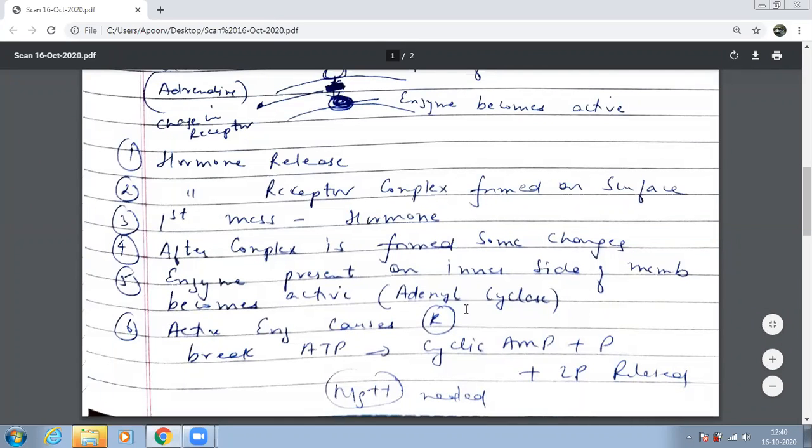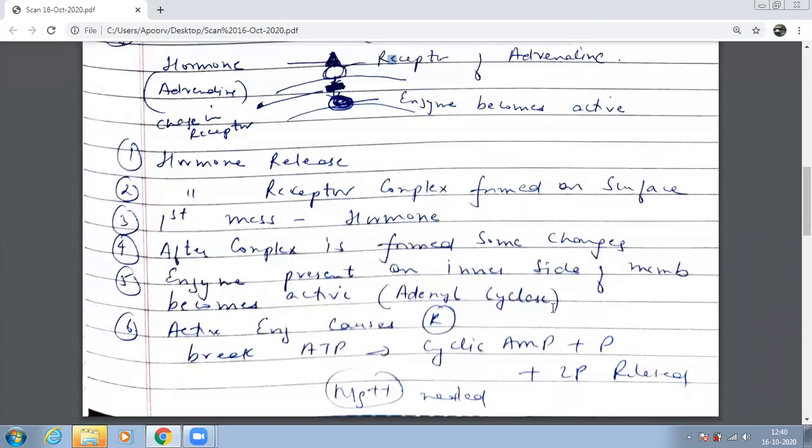What was the name of this enzyme? Adenyl cyclase. Now, because your enzyme has become active, it will cause certain reactions to take place.